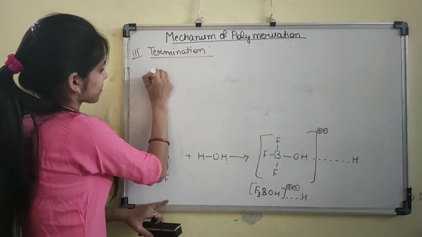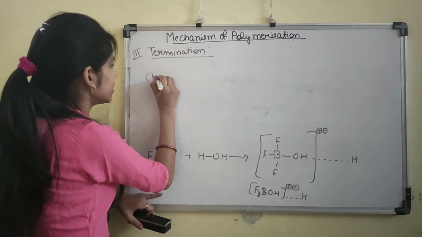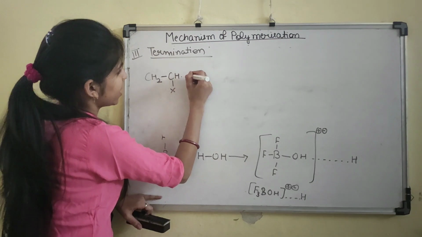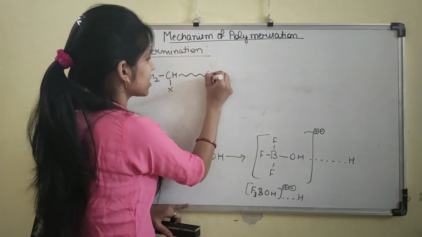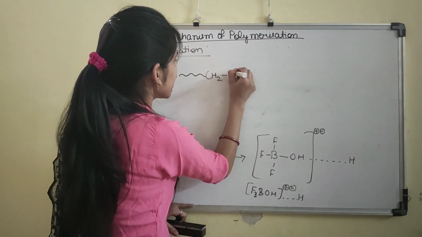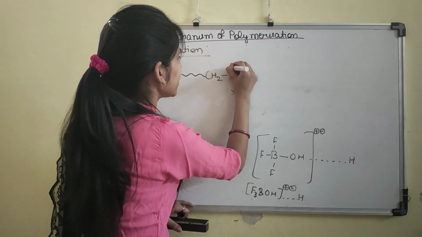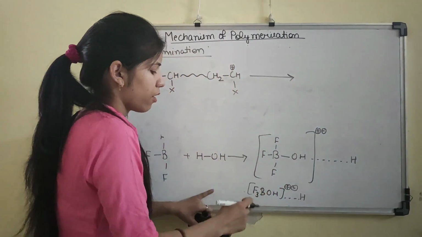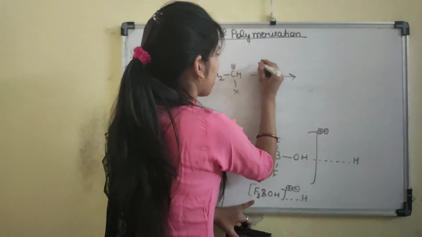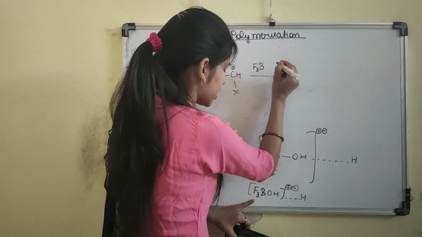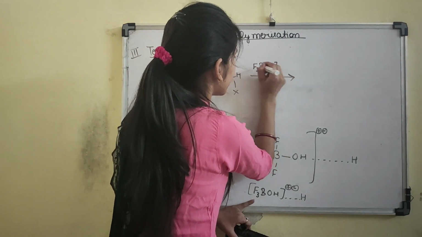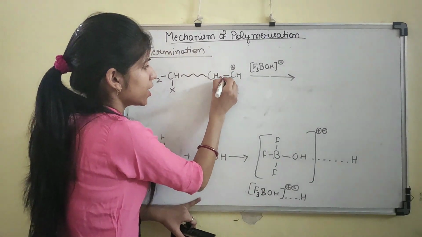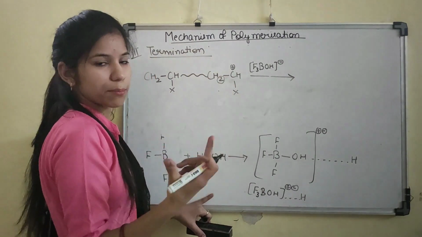So this is our monomer unit, CH2 CHX, with a long chain and CH2 CHX positive. When BF3 OH negative is present, this hydrogen can be donated and a double bond can form.